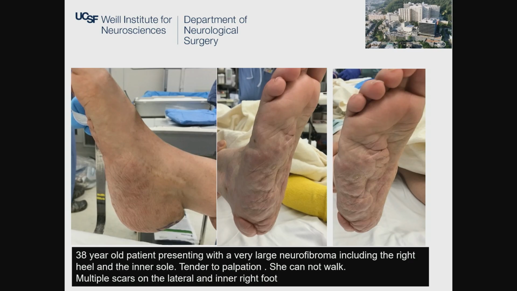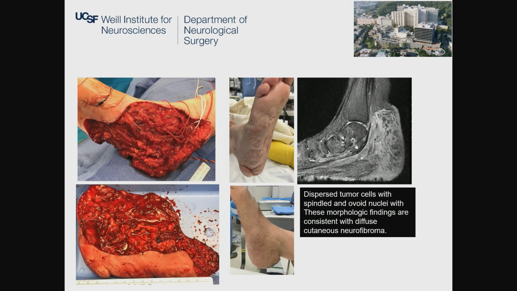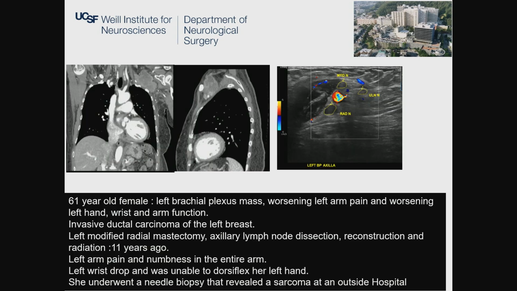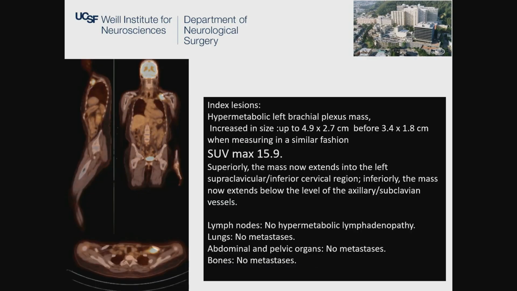Some tumors will be more difficult, more plexiform and infiltrative, and the MRI will really help you to determine where the nerve is in that and how much infiltration there is. And then when you have a patient who had a brachial plexus infiltrative lesion like that with progressive neurological deficit, who had a previous breast surgery and radiation therapy, a biopsy determined that it was a sarcoma arising from it.